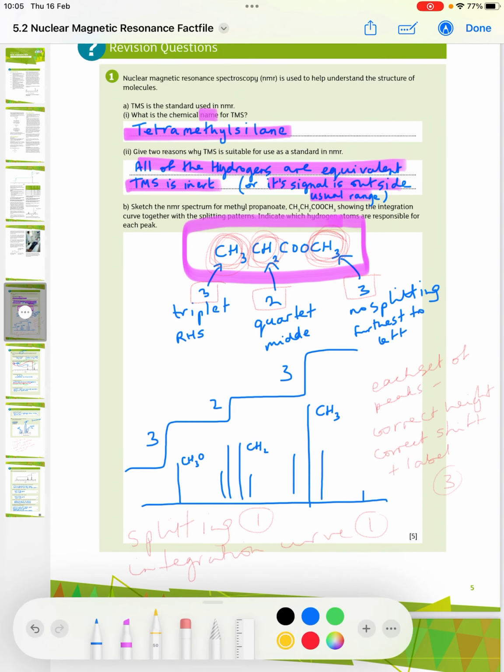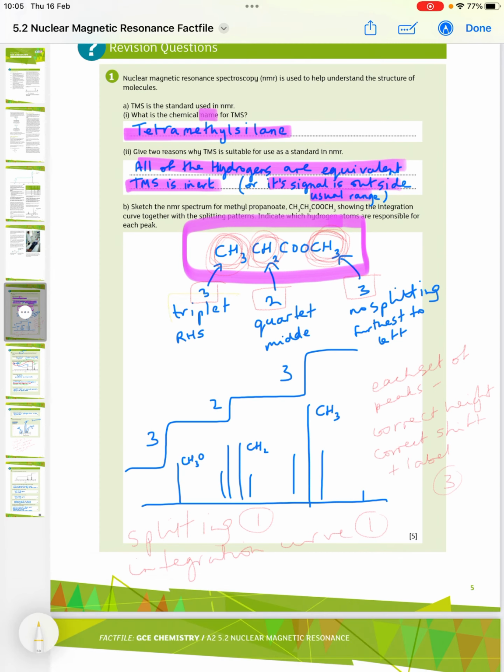Then when we look at the splitting patterns, this methyl group here is going to be a triplet because the adjacent carbon has 2 hydrogens on it. And remember your n+1 rule. Then the CH2 group here is adjacent to a carbon with 3 hydrogens on it, so that's going to be a quartet. Again, remember your n+1 rule.